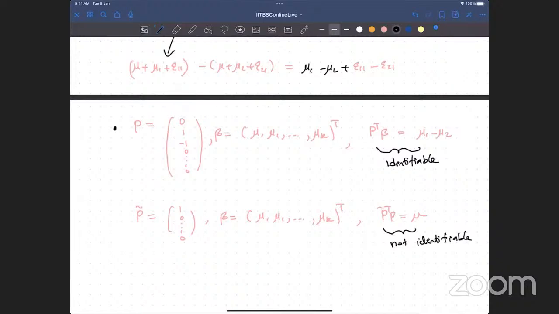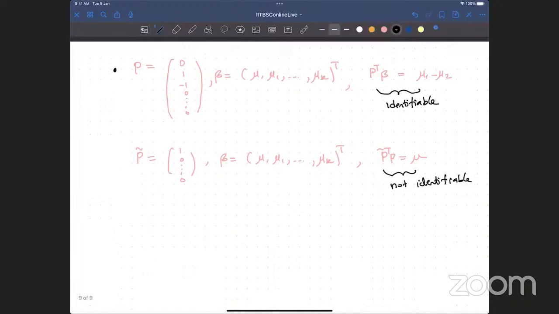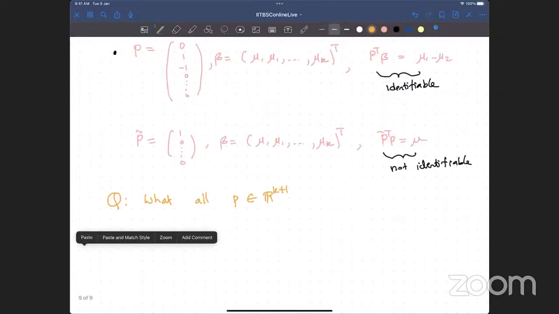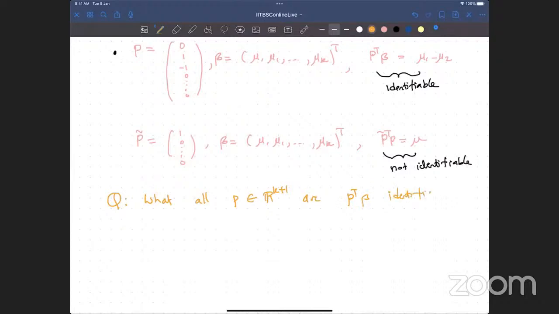The game shifts by saying: for what all p's, which can be any vector, I put zeros and ones, I can put any vector in R^(k+1), are p transpose beta identifiable? This is what I want to pose right now, a question.